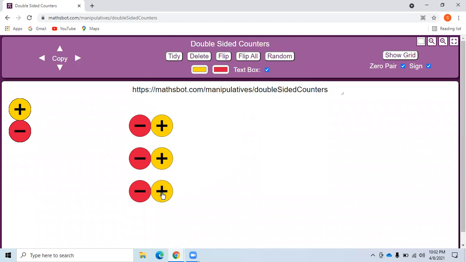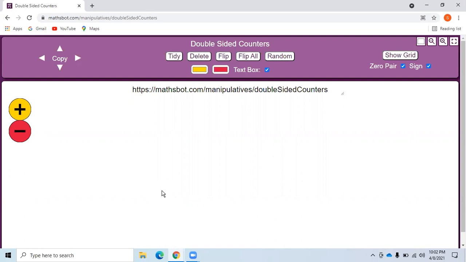We have an equal number of positives and negatives. And again, we can see our zero pairs and see that our pairs make 0. What about if we have any number of positive and negative counters? As long as we have the same number of positives and negatives, we have 0 pairs or 0.